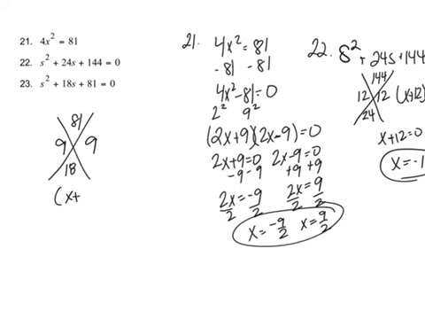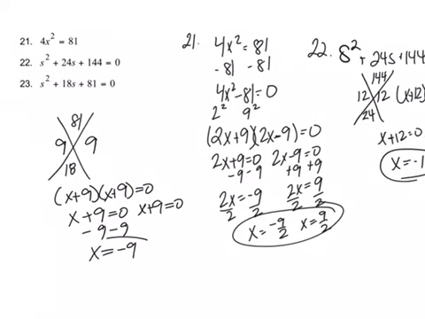So x plus 9 times x plus 9 equals 0. So I can solve x plus 9 equals 0. I don't really need to do it twice because I'm going to get the same answer, x equals negative 9.